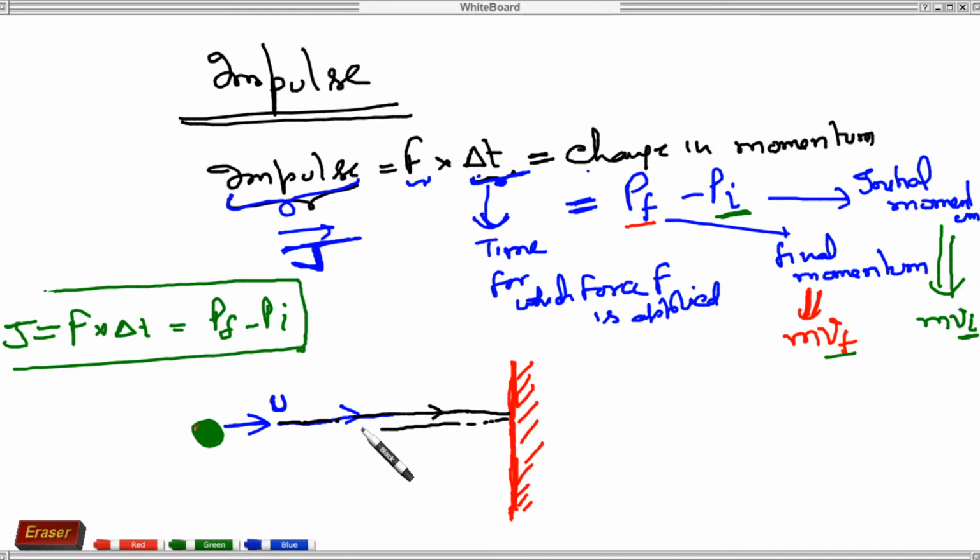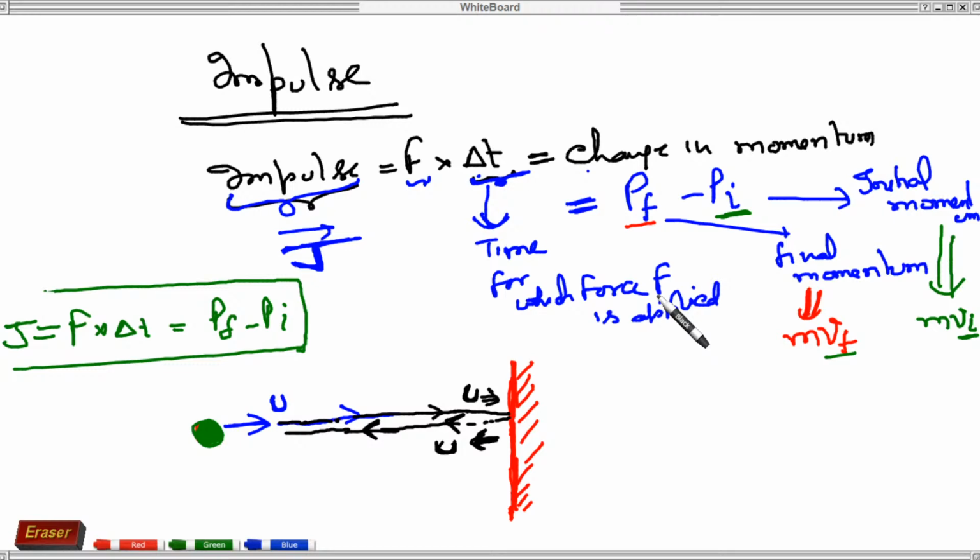Whatever was the velocity of the strike in this direction, in return it also has the same velocity. You will come across elastic collision and all these things in our collision chapters.